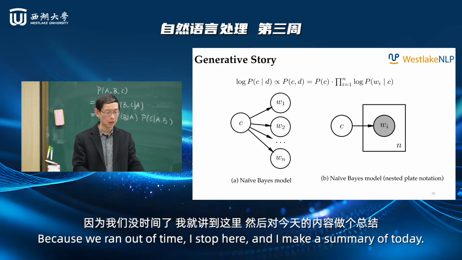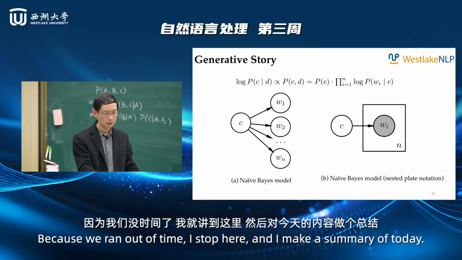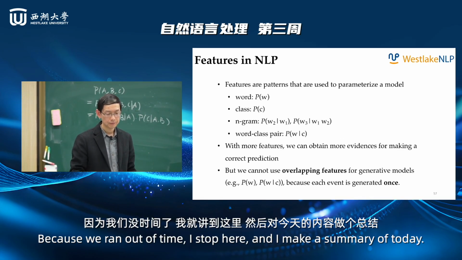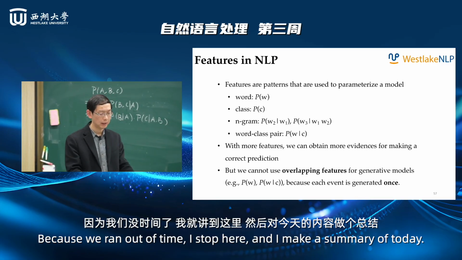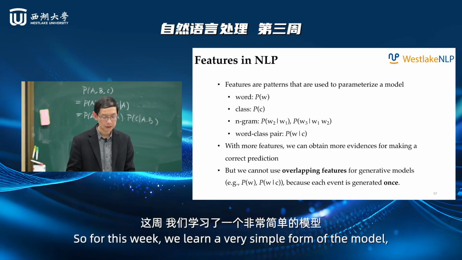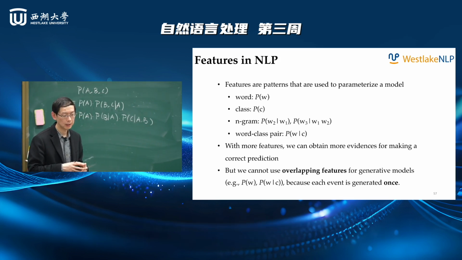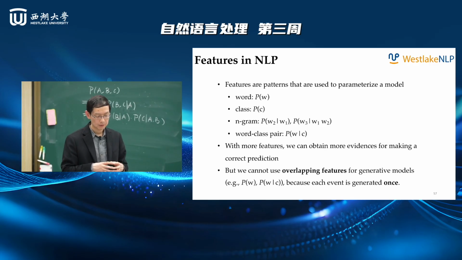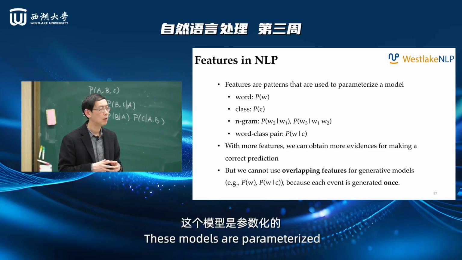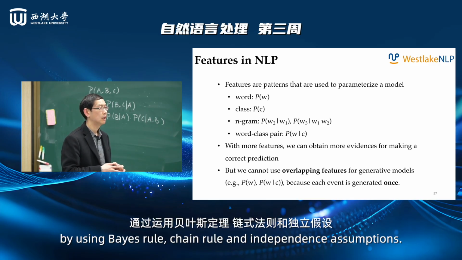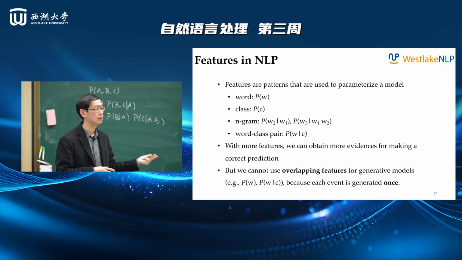All right. Because we ran out of time, I stop here and I make a summary of today. So for this week, we learned a very simple form of the model. Okay? Probability model. These models, okay, are parameterized by using Bayes rule, chain rule, and independence assumptions.